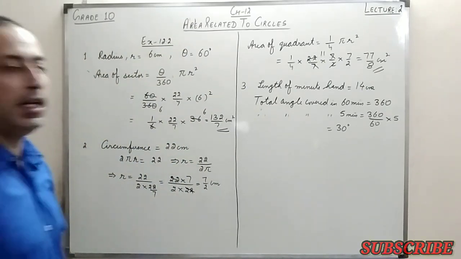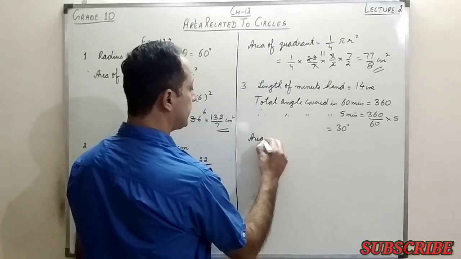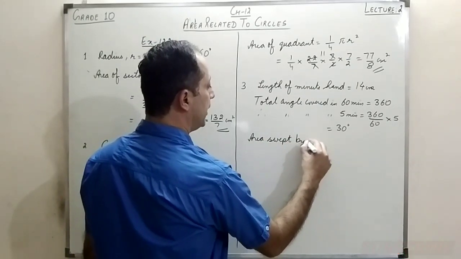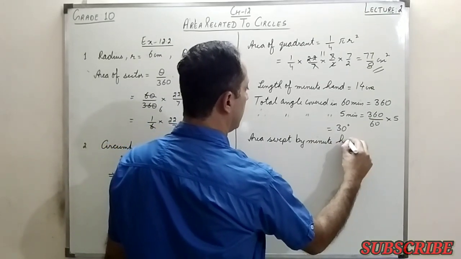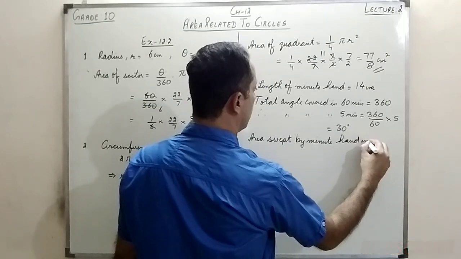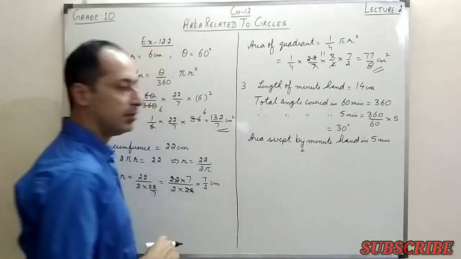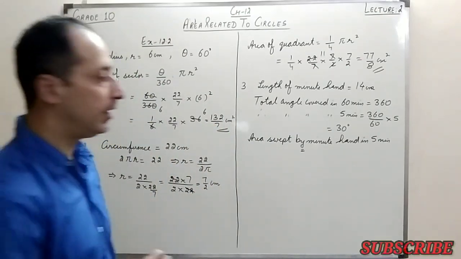Right, now we have to find the area swept by the minute hand in 5 minutes. So again we apply the formula that is theta by 360 into pi r square.